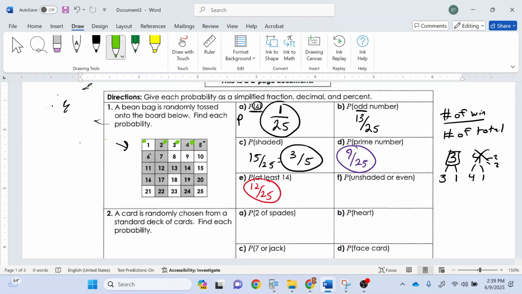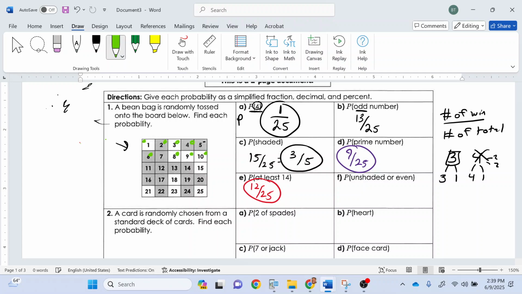5 is shaded and it's odd, so it does not count. 6 is even. 7 is neither. 8 is even and shaded. It still only counts as one. It's even and unshaded, I should say.